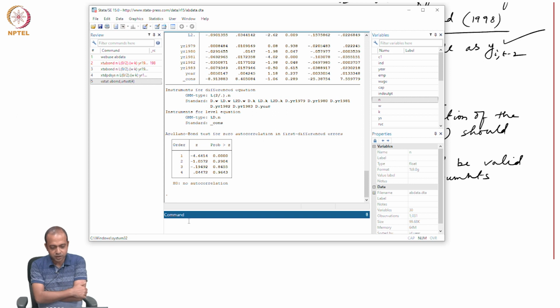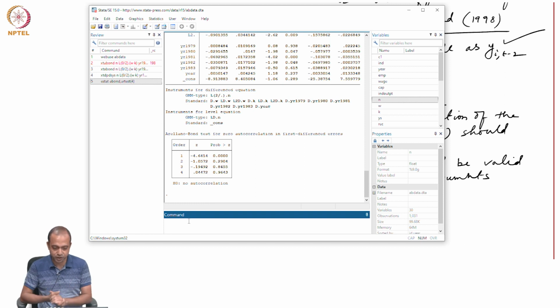Look at the Z coefficient, minus 4.64 and the probability is 0.0000, the p value. So, that means first order autocorrelation is there, but none of the higher order autocorrelation coefficients are significant here.